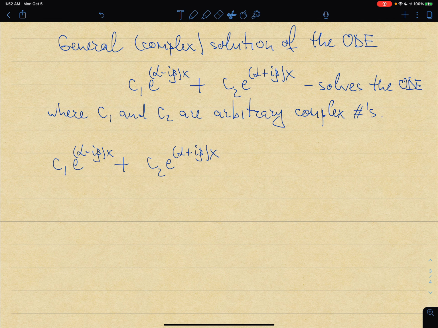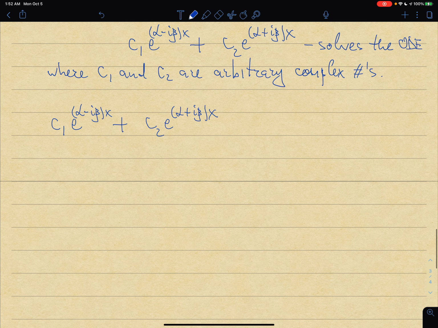So let's put it here. As with any exponential, actually this is a fact that many of you missed on the test, with any exponential of a plus b, so if I have a plus b in the power, then e to the power a plus b is going to be e to the a times e to the b, not e to the a plus e to the b.